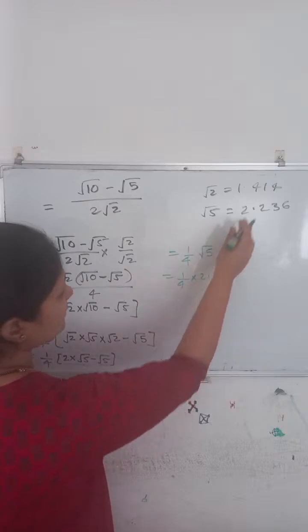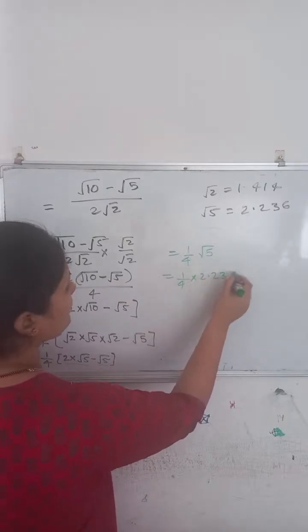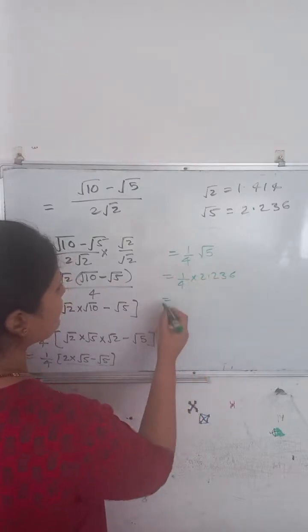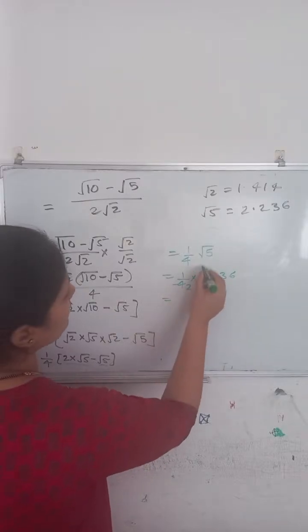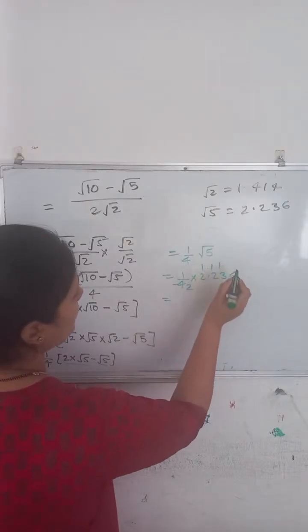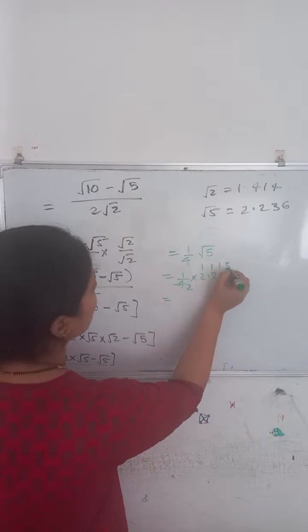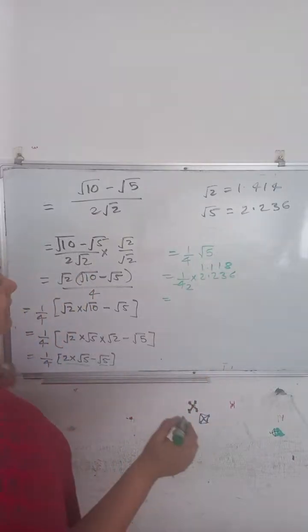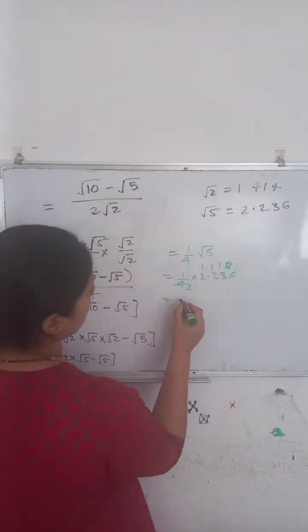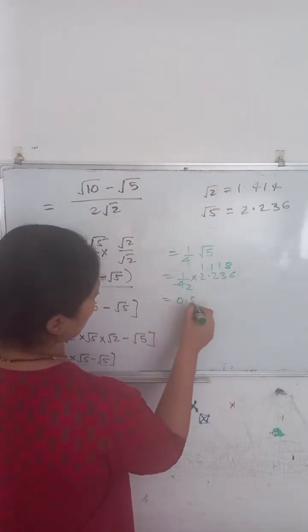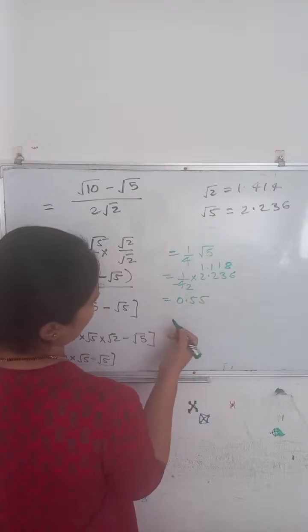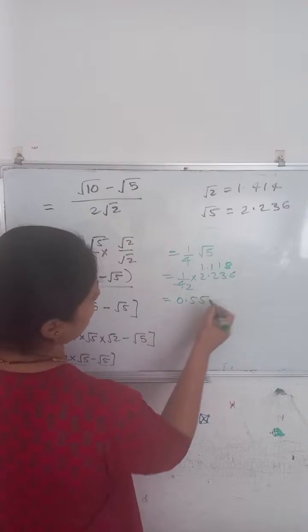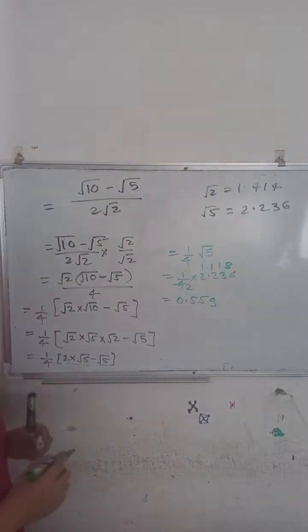Simplifying, dividing by 2 and again by 2, we get 0.559 as the answer.